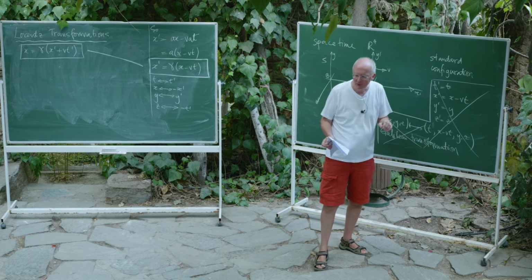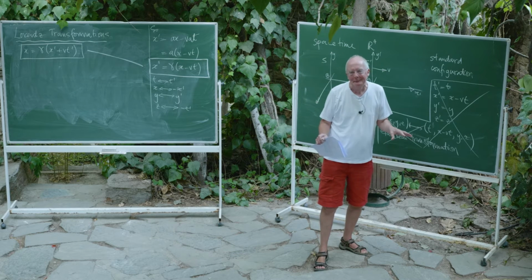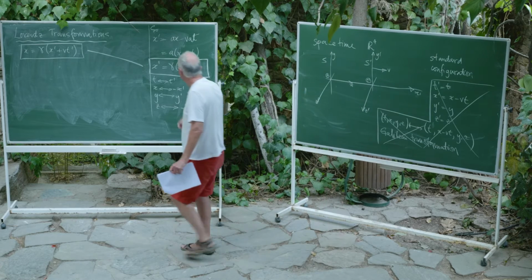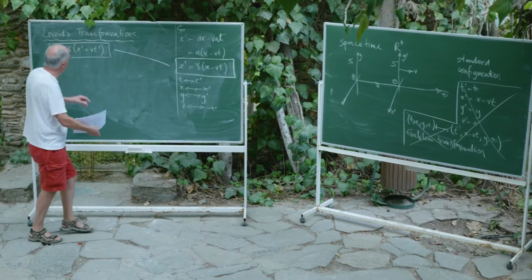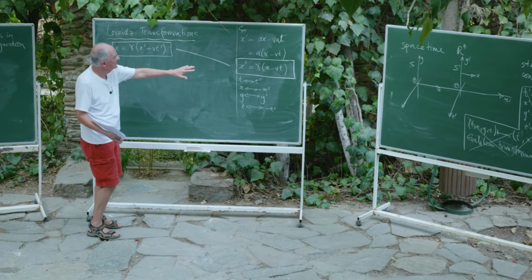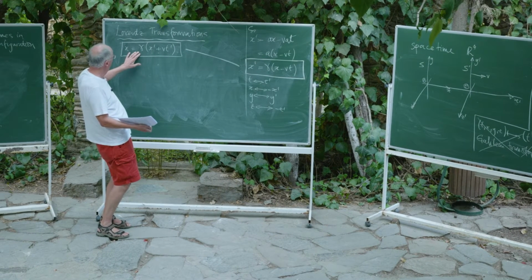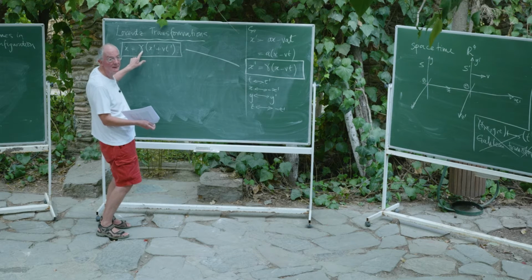Suppose we were trying to be Einstein, and then we got too frightened at the last minute. No, t dashed must be t. Then if you add these two equations together, you'll end up with gamma equals 1, basically.